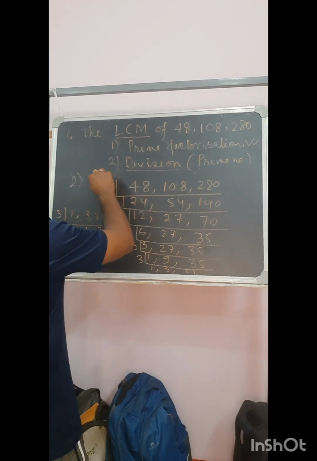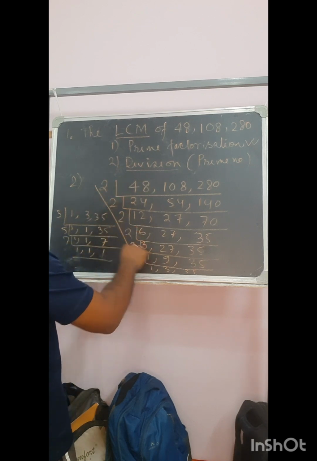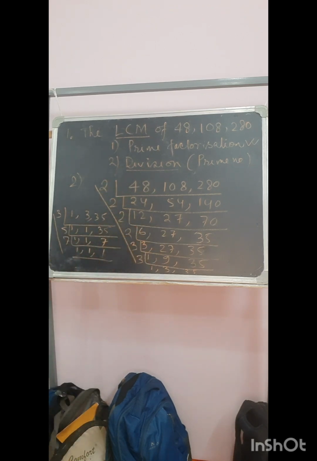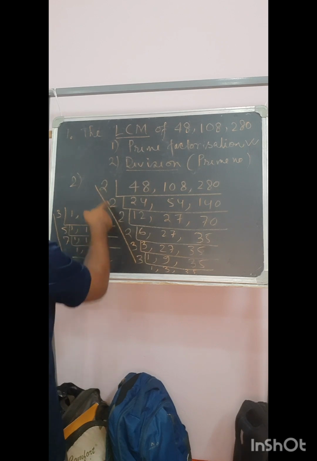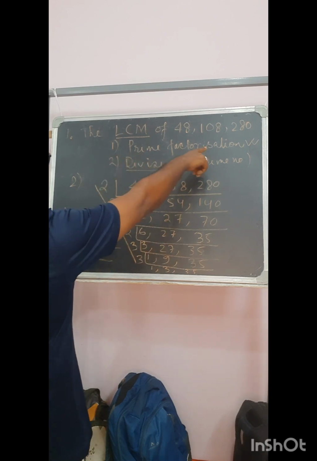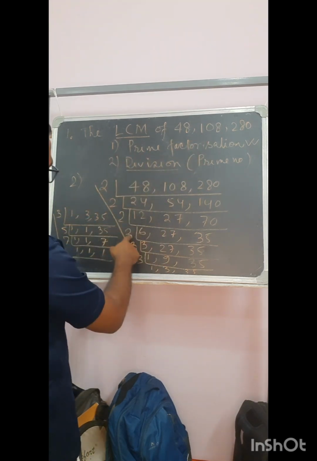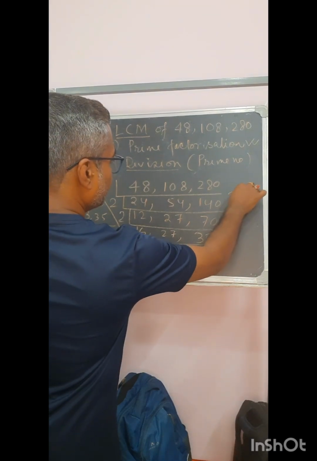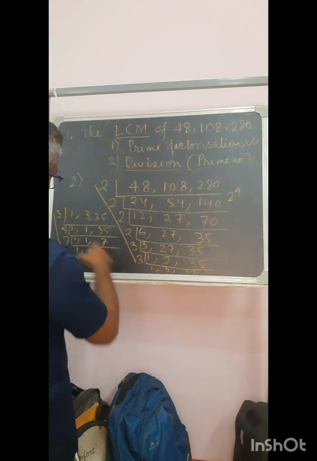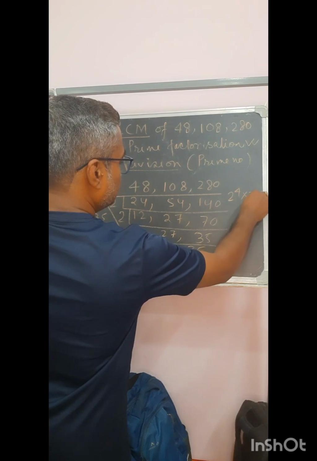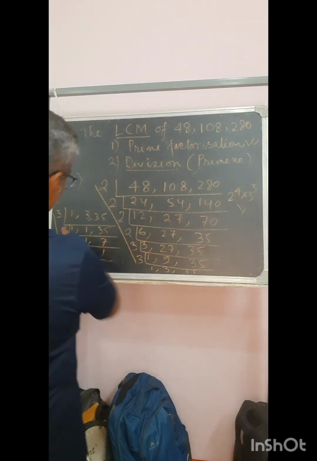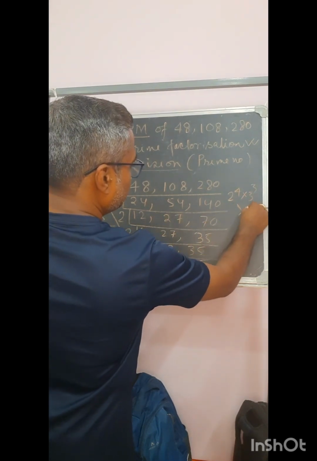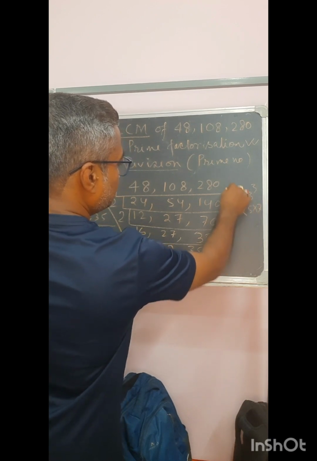Now you see, LCM will be the multiplication of all these three. Now you see the result. In the initial first case, when I was doing the individual factorization, I got 2 to the power 4, 3 to the power cube, 5 1, 7 1. So I am getting the same result here also.